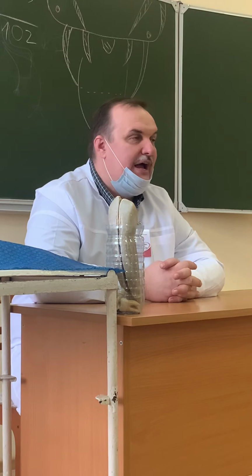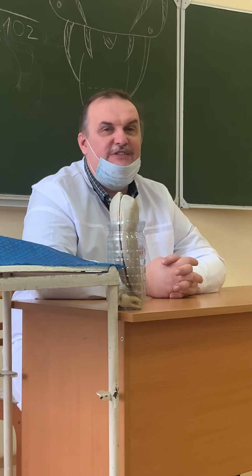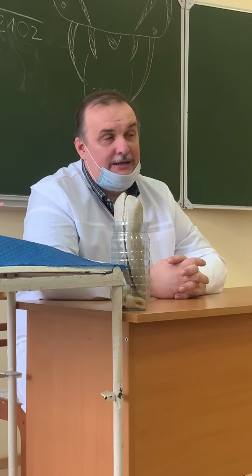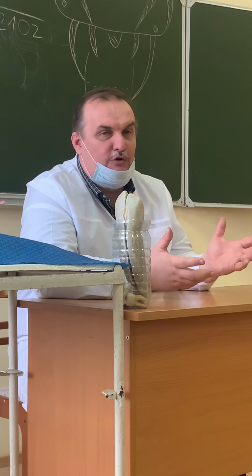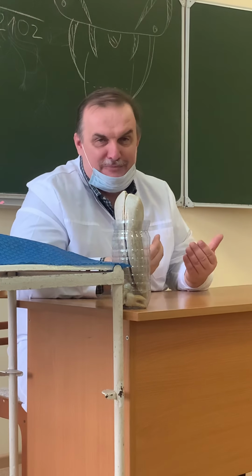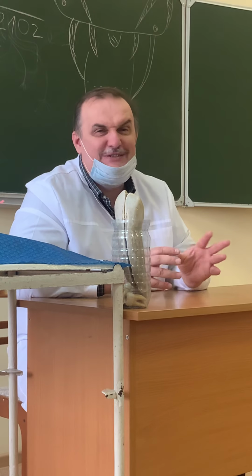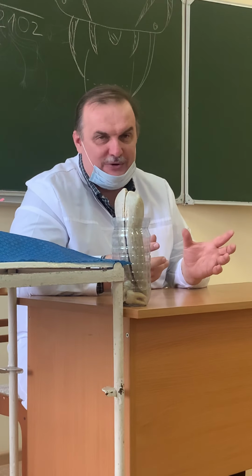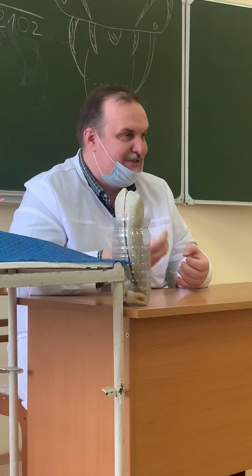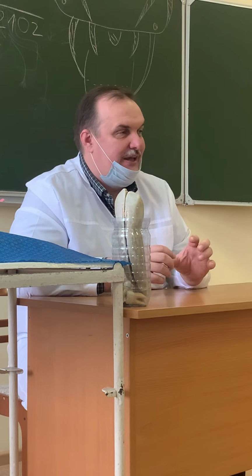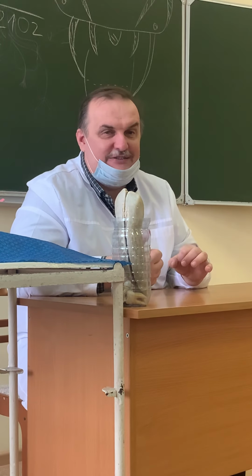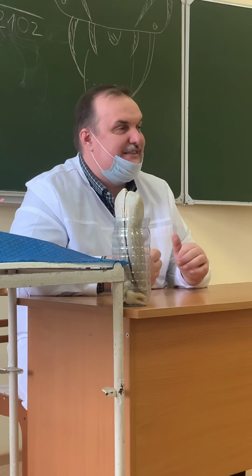For example, the aortic constriction is physiological, because high blood pressure exists only in living people. On the corpse, there is no blood pressure in the aorta, so there is no constriction.